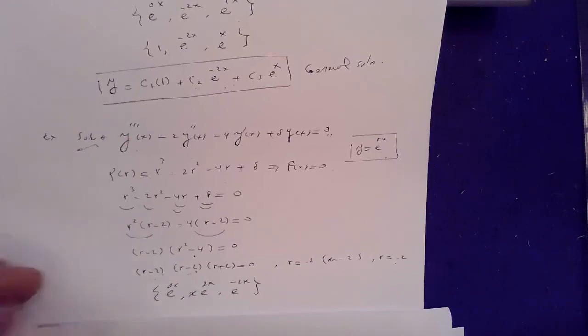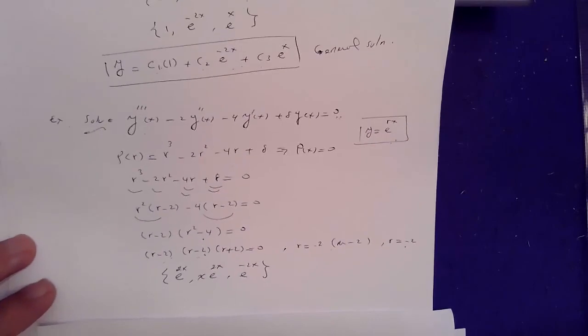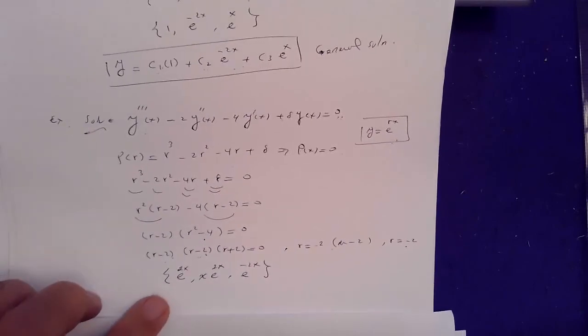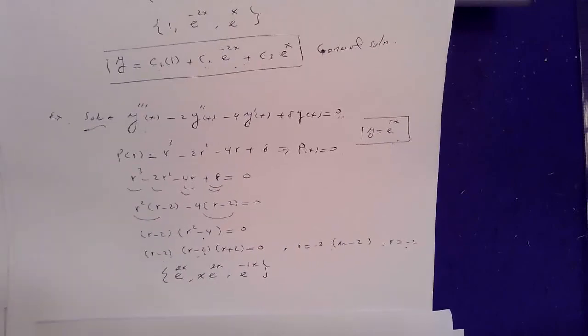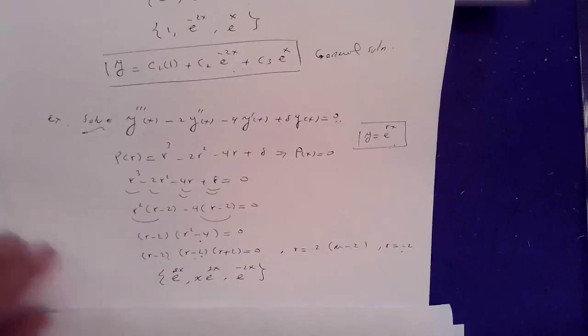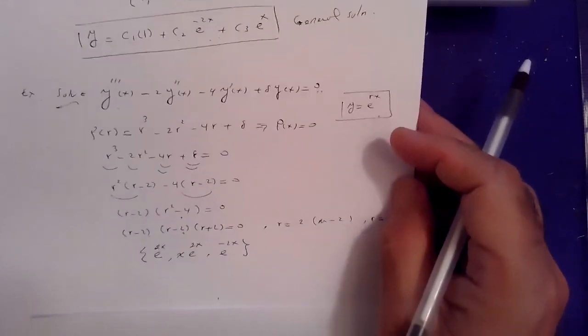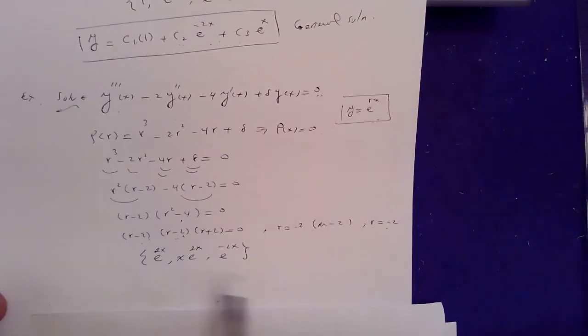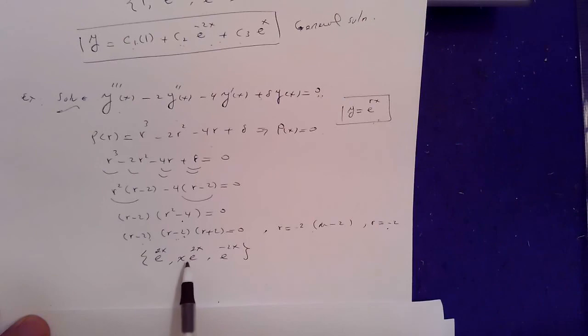Once again, what do I have? 3 functions. You can check that they satisfy the conditions of fundamental solutions. But to show these are linearly independent, stay tuned for the next video when I show you how to prove, when you have more than 2 functions, whether they are linearly independent or not.